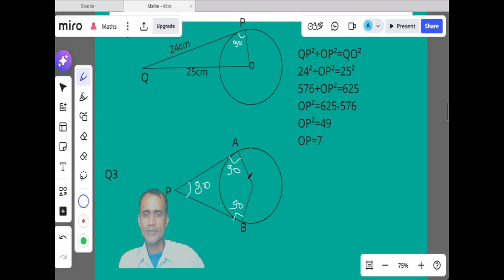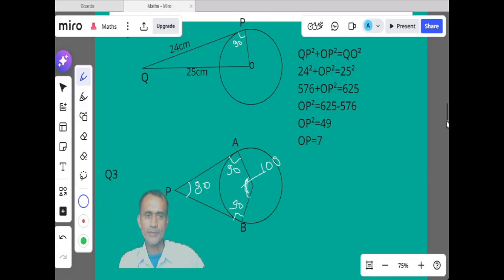Now we can easily find this angle because this is a quadrilateral. So the sum of the angles of a quadrilateral is 360 degree. So this angle should be how much? 90 plus 90 is 180, 180 plus 80 is 260. So this angle must be 100 degree, to make the sum of the angles of a quadrilateral 360 degree.